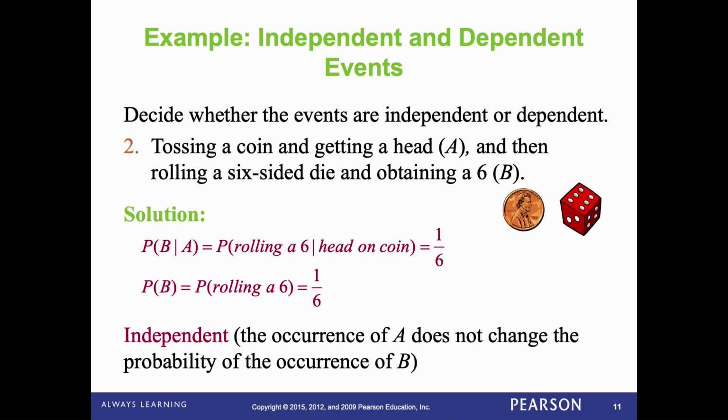So the probability of rolling a 6, given that you've first gotten a head on the coin, is 1 out of 6. The probability of just rolling a 6 with the die is 1 out of 6. Those two probabilities are equal, so rolling a die has nothing to do with flipping a coin. They're independent.